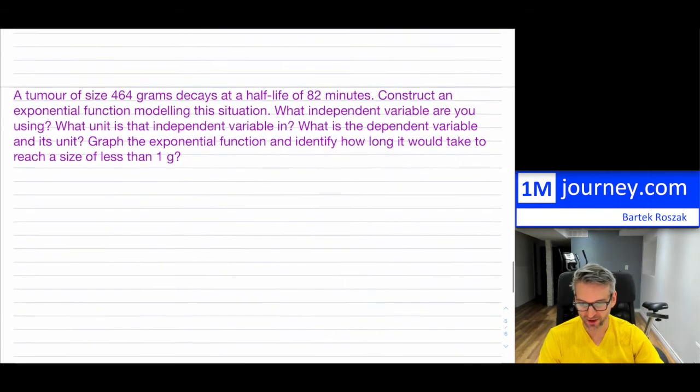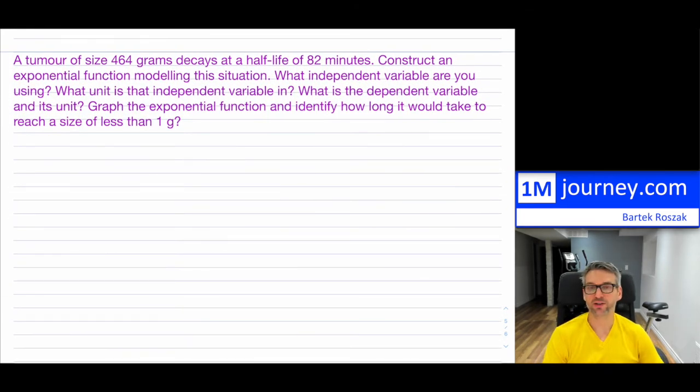Here's another half-life example, like a tumor example. So there's a tumor of size 464 grams, and it's decaying at a half-life of 82 minutes. Whatever is happening, it's some kind of a tumor, we don't know, but it's decreasing in size.